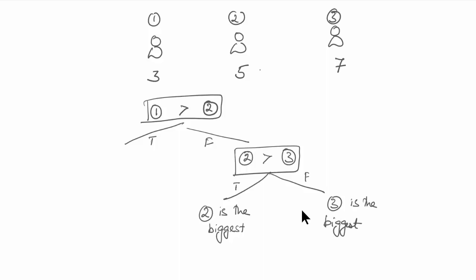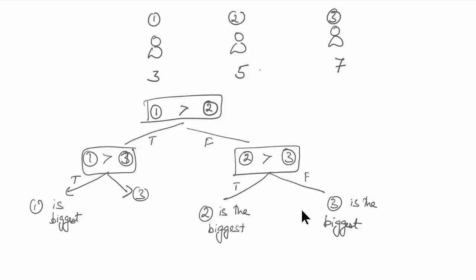Now what happens if 1 is greater than 2 is true? That means 1 is bigger than 2. Now is 1 bigger than 3? If it is true, then 1 is biggest, or older, else 3 is biggest. I'm using a wrong word here, big.